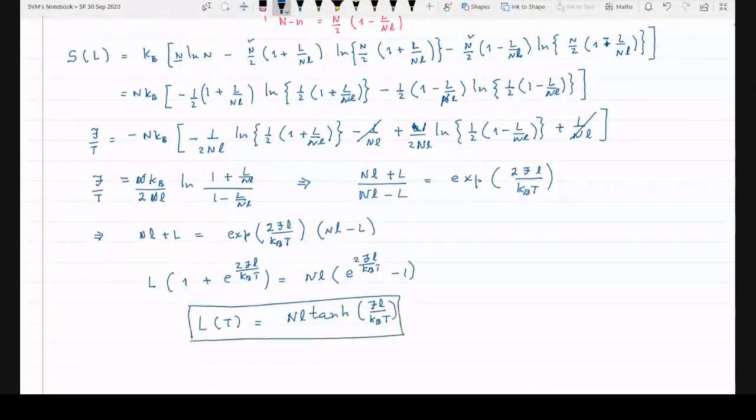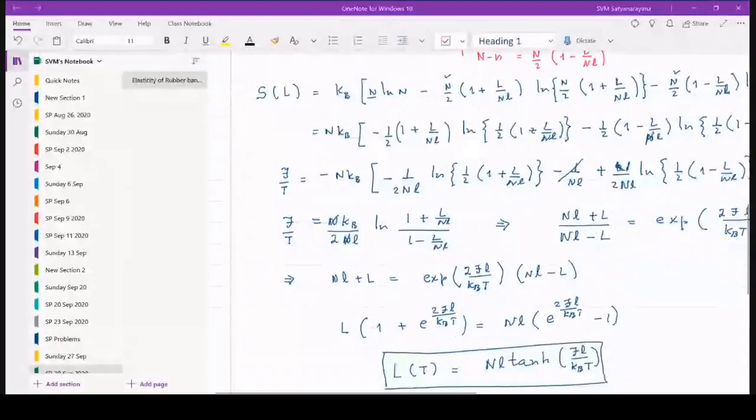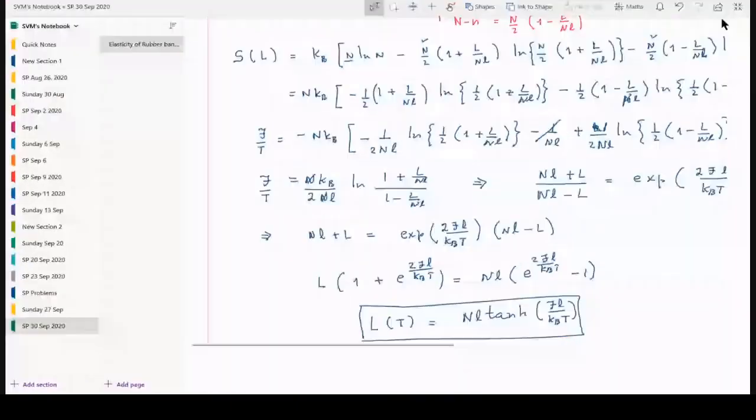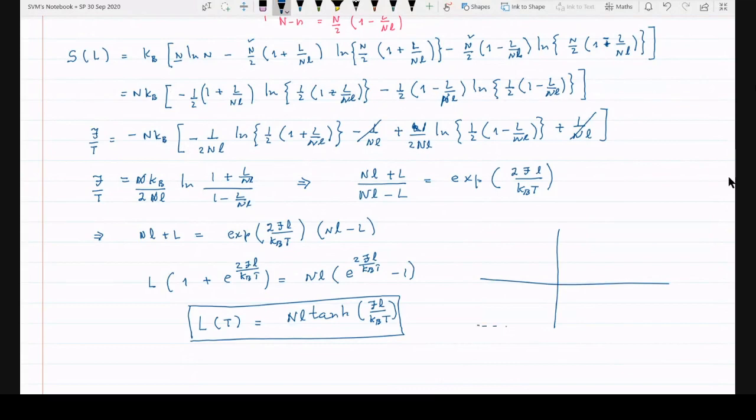Now you can see that if you want to plot this function, let's say this is minus 1, and this is plus 1, and your tan hyperbolic will be a function like this.